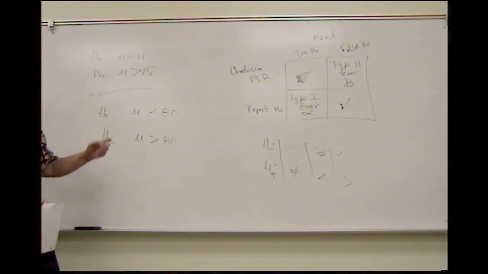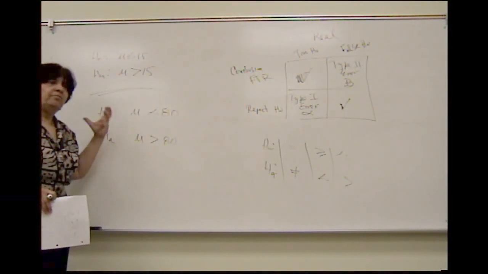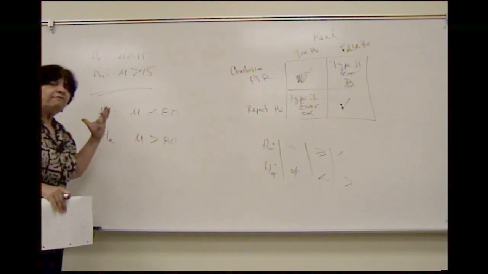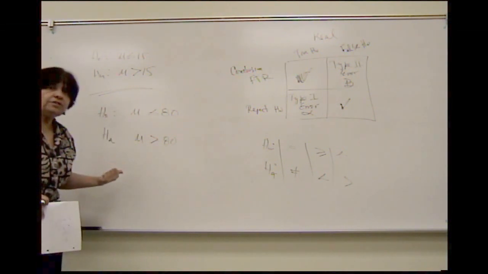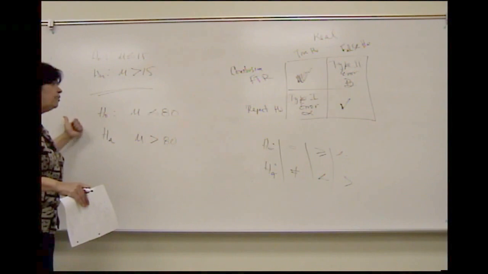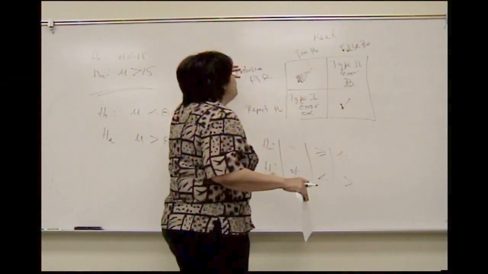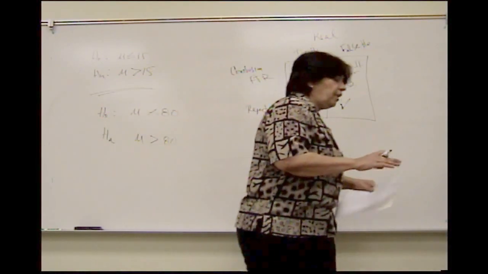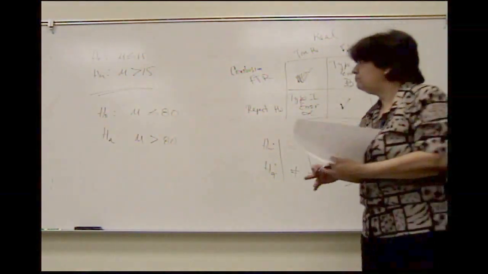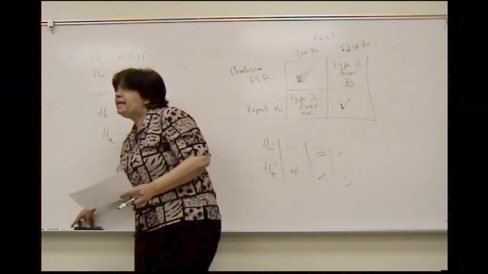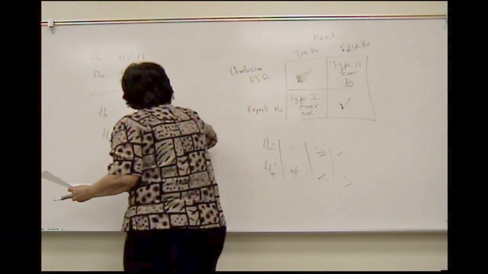Okay? So this is how you set up your hypothesis. It's the first step, and this is the most important step, because based on the hypothesis, you are going to conclude either to reject or fail to reject your hypothesis. Okay, that's it. I mean, there is nothing more than that.